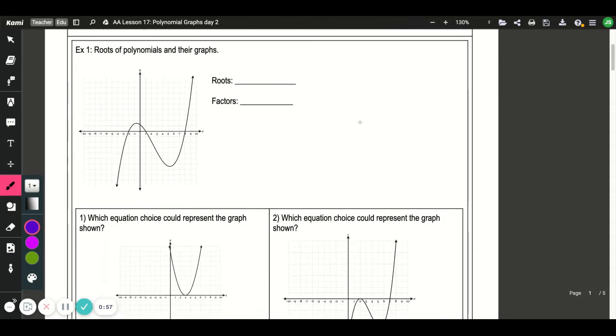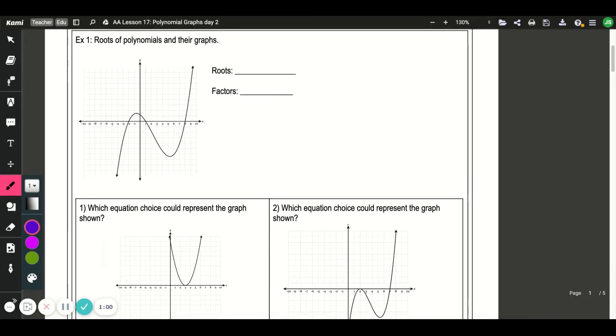So remember we started out lesson 16 talking about the solutions or the roots of an equation. And those were the x-intercepts. Right? So we have one here at -2. We have one here at 1. And our last one is at 8. So if we go way back to when we were talking about quadratics, one of the ways to solve quadratics was to factor it.